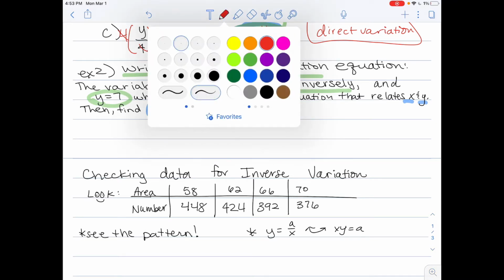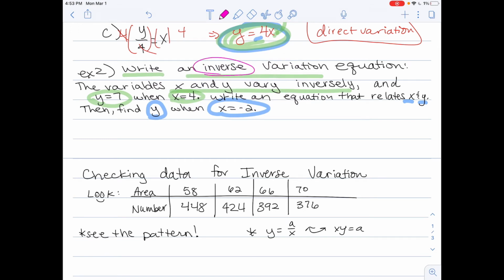We know that we're going to be using an inverse variation equation, and inverse variation is y equals a over x. Remember how a is a number? We're going to find a. So the first step is to find a using these green pieces of information.